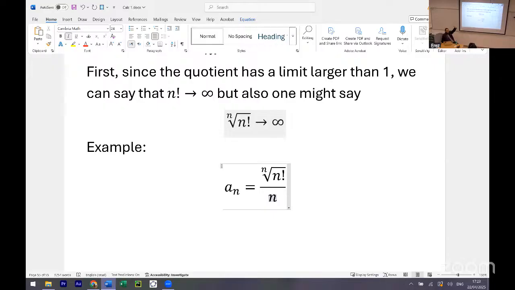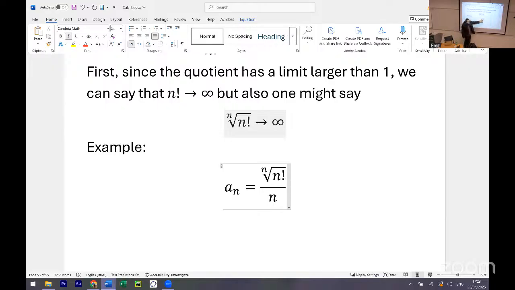Could there be any connection between the two? Do you have any guess? The difference should be the nth root of n. What is the limit of this? I'm asking what is the limit of this thing.